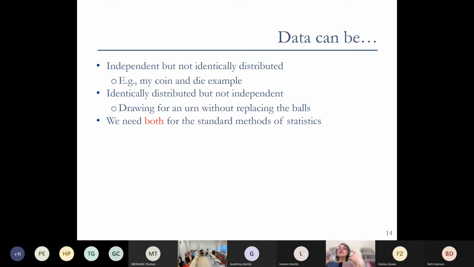And that's drawing from an urn without replacing the balls. And importantly, for the standard methods of statistics, we need both. We need both independent and identically distributed. Okay, next slide.